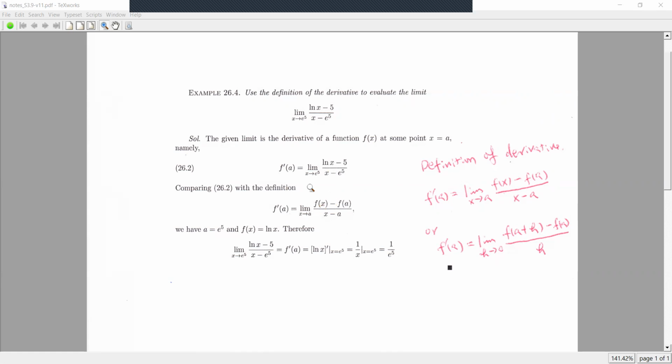And the point a is e to the fifth. Therefore, the given limit is the derivative of natural log of x at the point e to the fifth. The derivative of natural log of x by formula is 1 over x. Plug in the point e to the fifth for x, then this number is this limit.